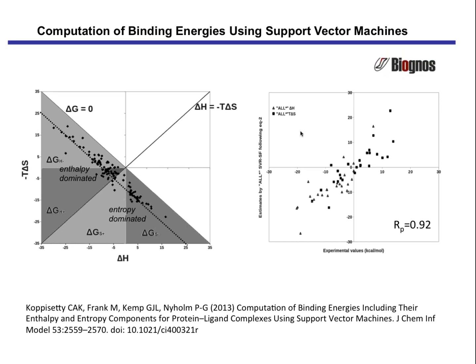Tanya Copsetti has used KNIME and different descriptors derived from docking scores and different kinds of measures in Schrödinger software and other software in order to derive a model for score prediction. This gives quite exciting results, and you can see the correlation is quite nice. It's also possible from that model to derive enthalpy and entropy components of the protein-ligand complexes.